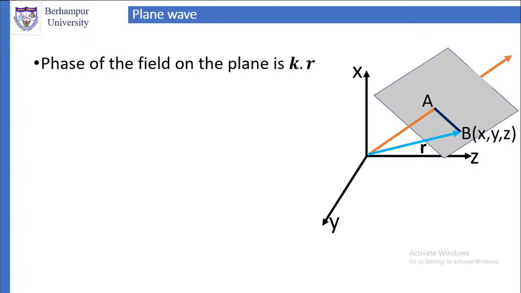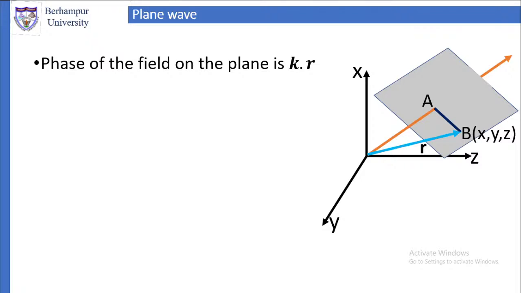And as I have told you, on this plane, if you take any point and from that point you drop a perpendicular onto the orange line, that perpendicular will meet the orange line at the point A. Any point on this plane has coordinates x, y, z; they can be anything, but they must be on this plane.